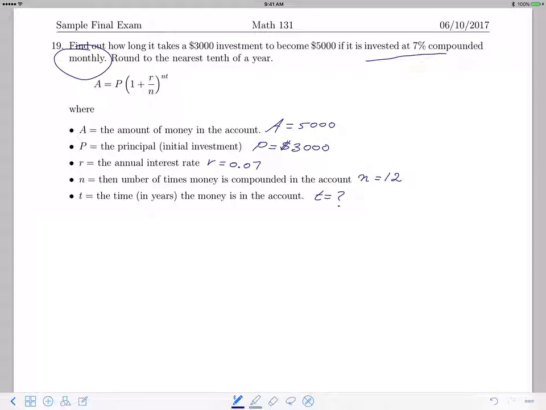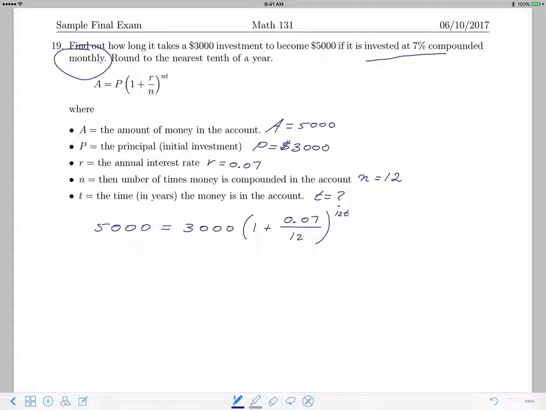So from this equation, we're given 4 of the 5 values. A, P, r, n are all given, and t is the unknown. So let's plug in everything. 5,000 equals 3,000 times (1 plus 0.07 over 12) to the power of 12t. So now, our unknown is here in the exponent.